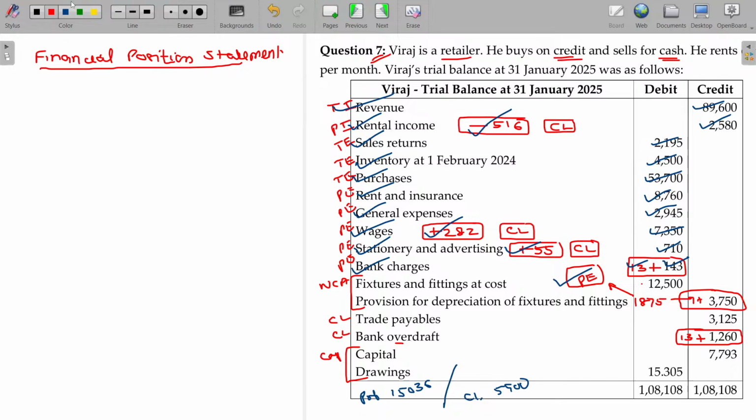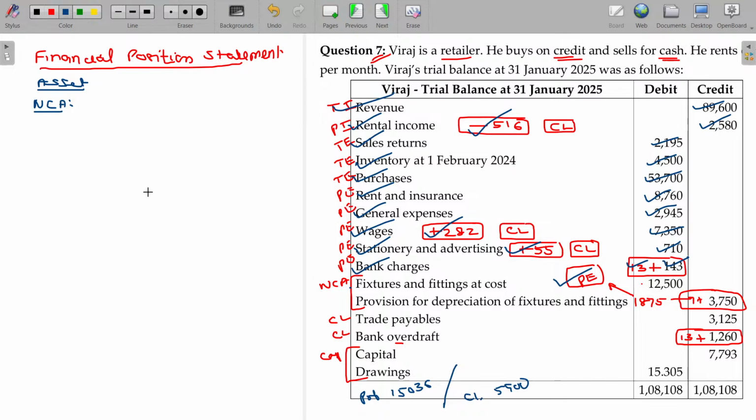Let's start with the assets. In the assets block, start with non-current assets. Under non-current assets, we have only one item, fixtures and fittings.